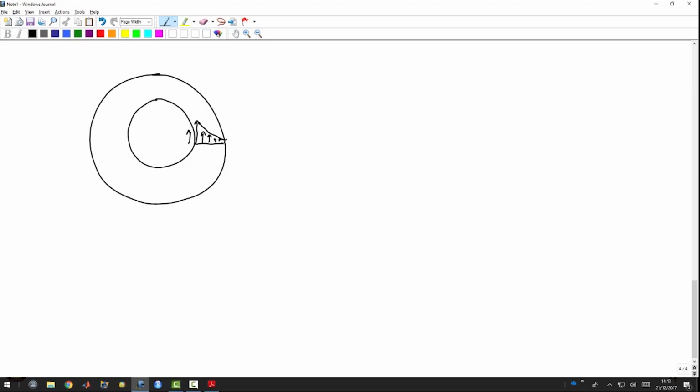So the velocity decreases and goes to 0 at the top edge. In this case we only have v theta, and again del v theta by del r will indicate deformation and rotation.